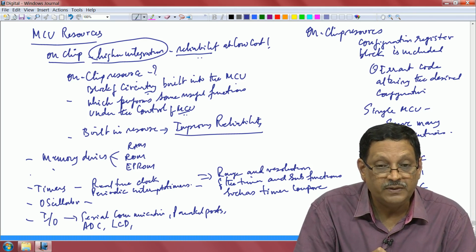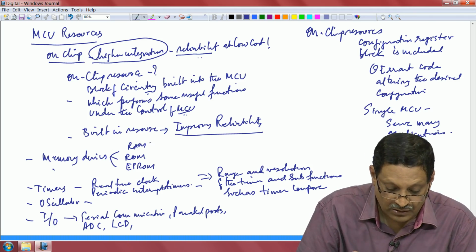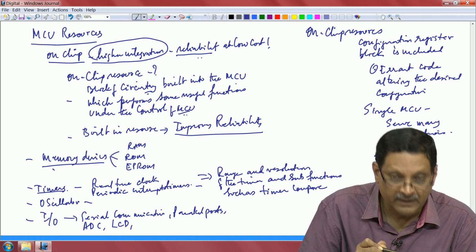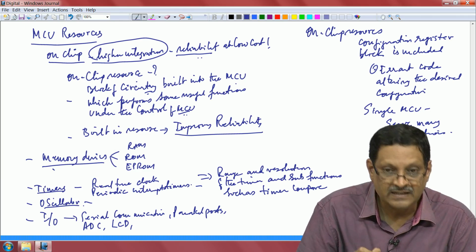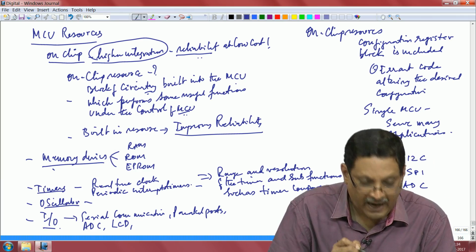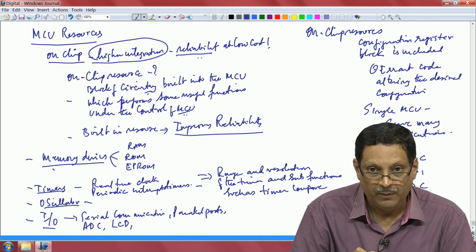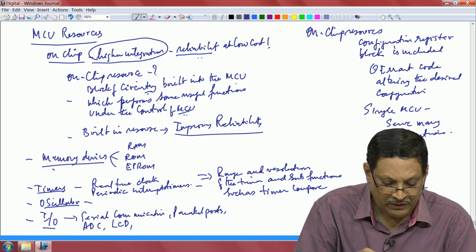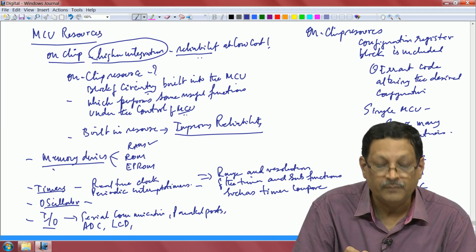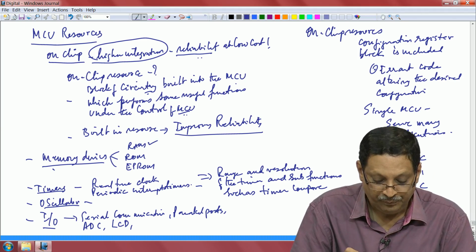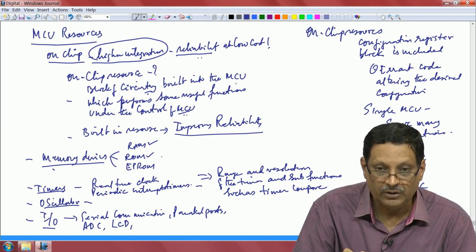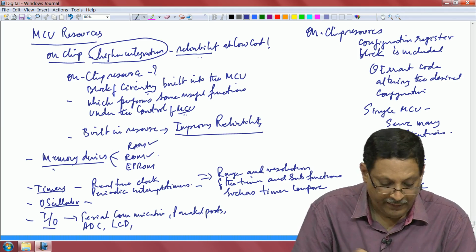What are these on chip resources? On chip resources could include memory, timers, oscillators for clock generation, and input output lines, input output pins essentially, okay. When you say memory devices, you are talking about RAM, ROM, E squared PROM and so on.